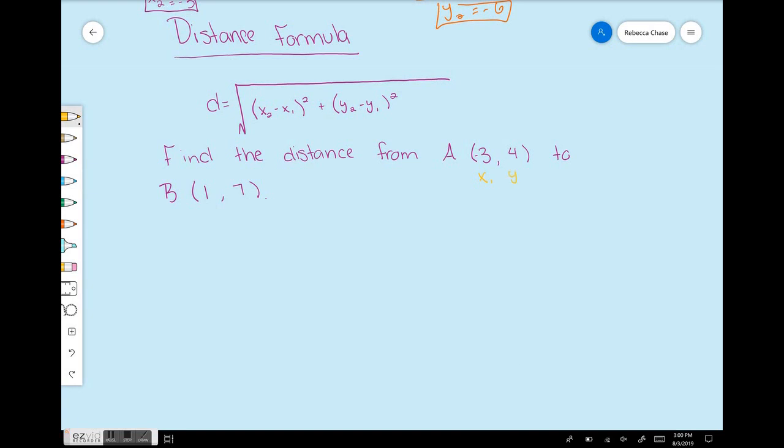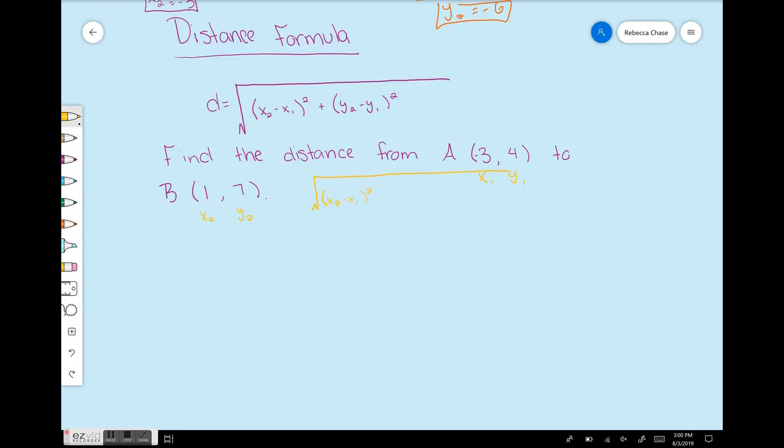So I'm going to go in here and label just like I did before: x sub 1, y sub 1, x sub 2, y sub 2. And I'm going to plug in. Again, I want us rewriting that formula first.